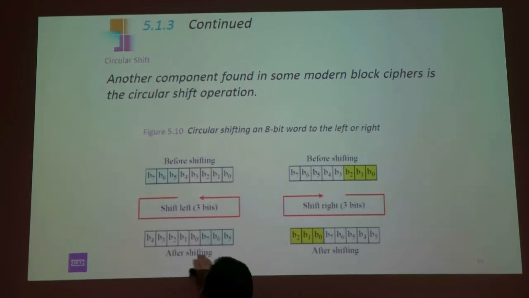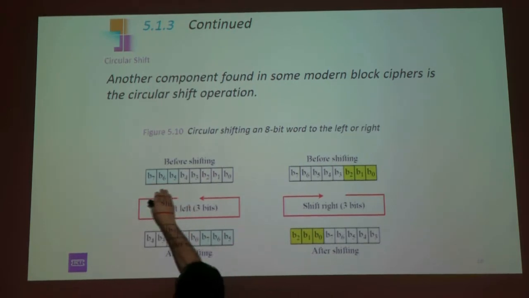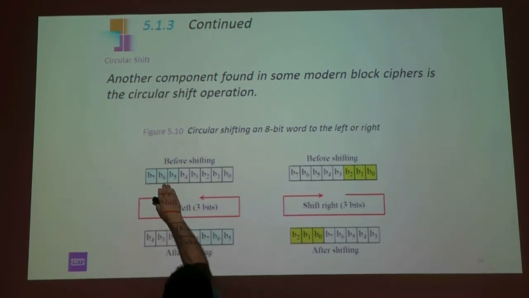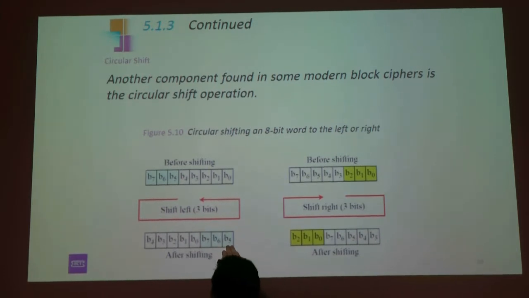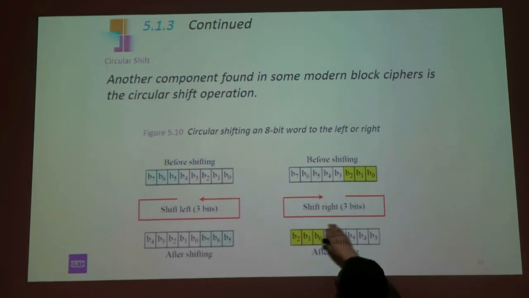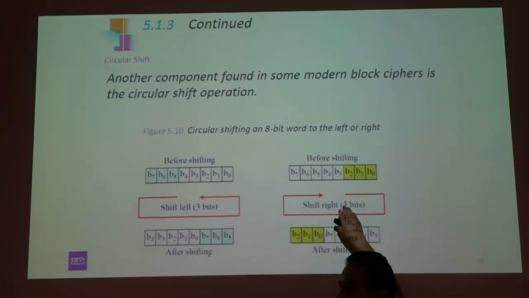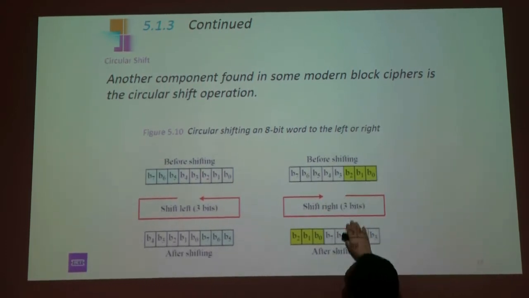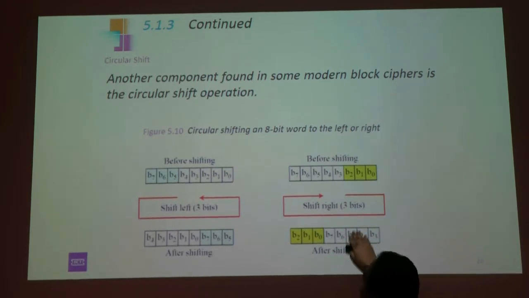After shifting, if we shift 3 times, B5, B6, B7 will come to the right side, and the rest will be shifted. Also, we could have a right shift. It could be 3 bits, 2 bits, or 4 bits. It doesn't matter. What it's trying to do is circular shifting.